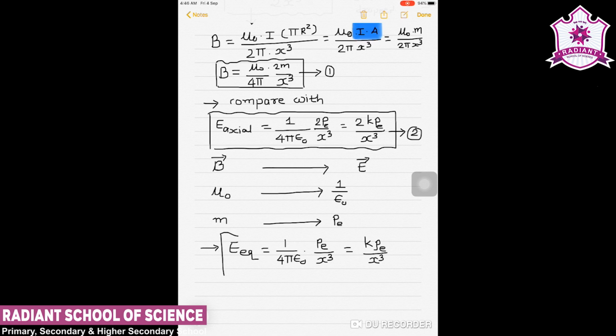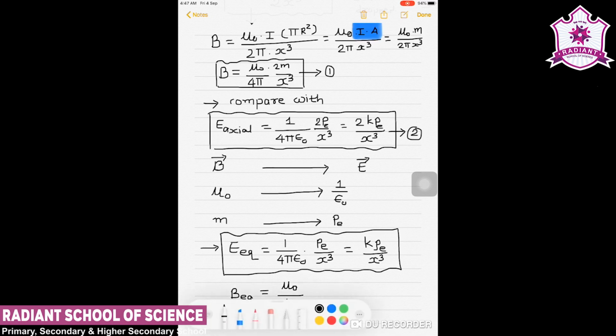Now from this equation, if this is for the electric field, what will be the equation for the magnetic field? From the above comparison we can say that B on the equatorial line will be mu 0 upon 4 pi, because where there is a mu 0 it is in place of 1 upon epsilon 0.